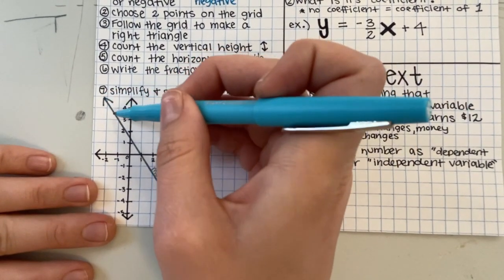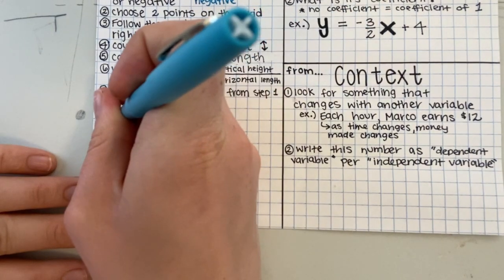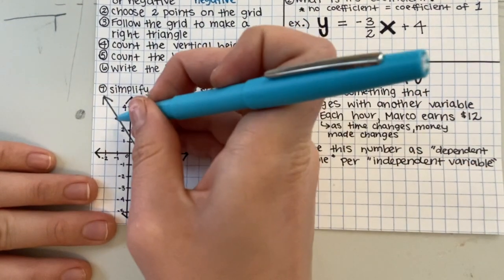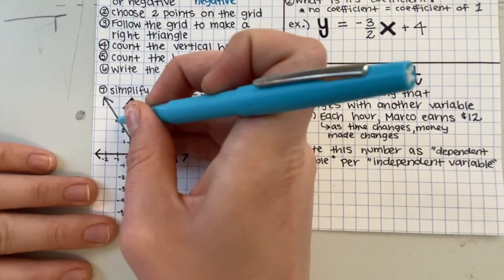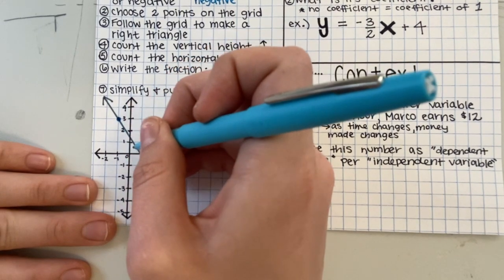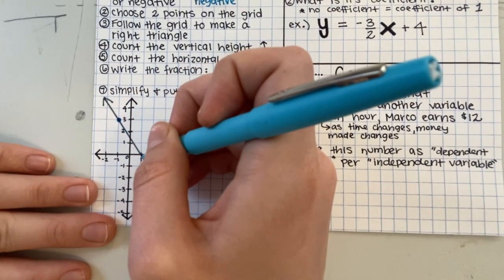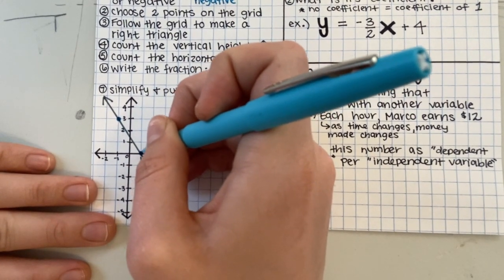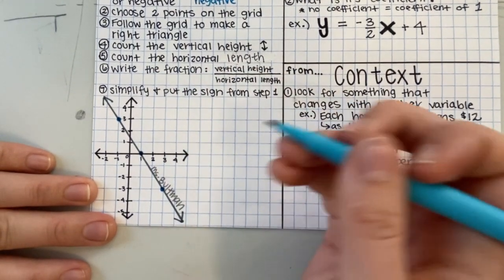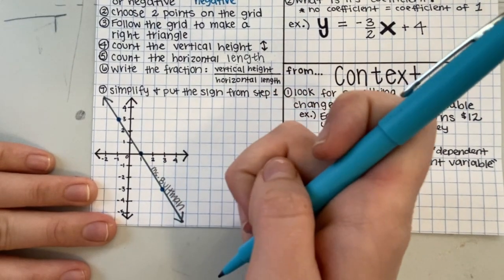So I want 2 points that are on the grid. I know exactly where this point is located. It's located at -1, 3. So then I need another point that I know exactly where it's located. I could choose this point. I could choose this point. So we want one that's exactly at one of the corners.